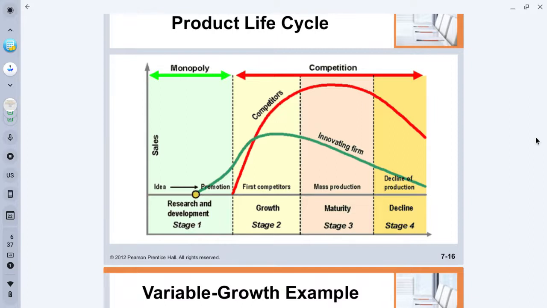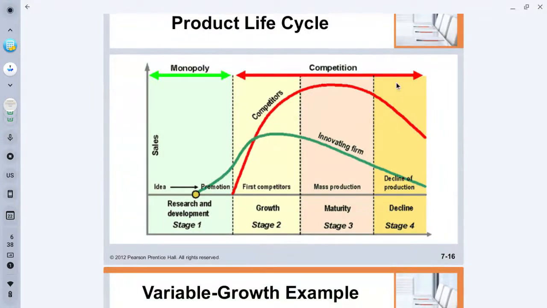But think about it: mobile phones, mobile devices. Where do you think they are? They are not even here. I think they are still somewhere here, right?